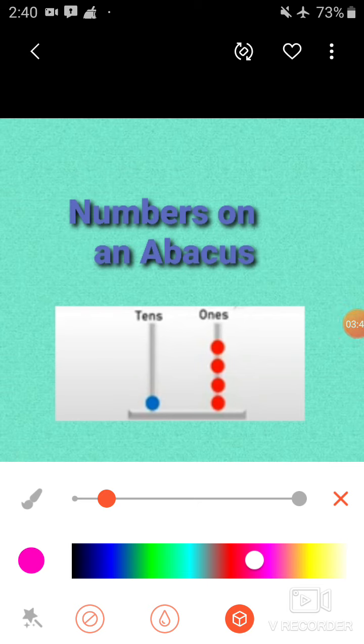This is the first spike and this is the second. The right spike of this abacus shows ones and the left spike shows tens.